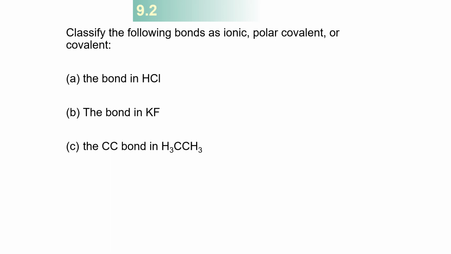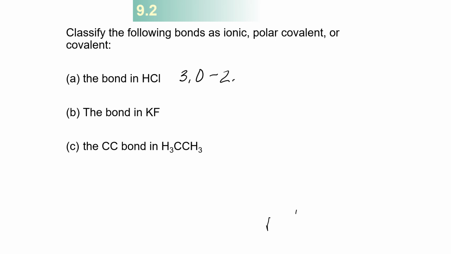So the bond in HCl. We want to look up the electronegativity values for hydrogen and chlorine. Chlorine's electronegativity value is 3.0, and hydrogen's is 2.1.